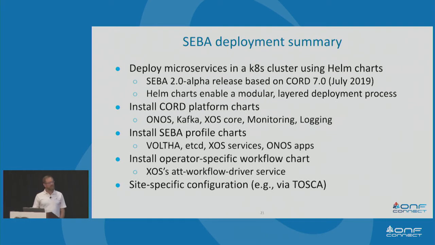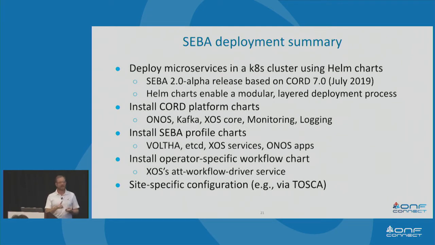The way this proceeds is that you first install CORD platform charts, the base layer. These are things like ONOS and Kafka and XOS Core. Scott already went over these. On top of that, we're going to install the profile charts.